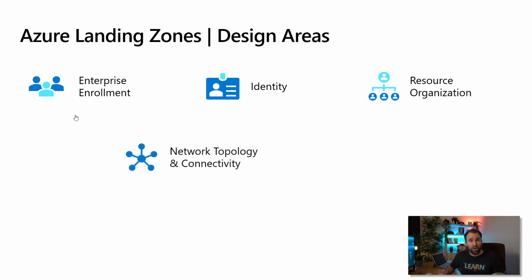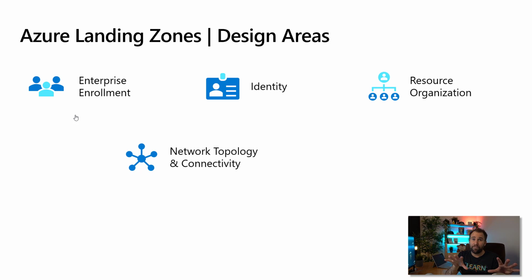And then, very importantly, which needs to be a big part of that as well, is the combination of network topology and connectivity. So how do I set this up? Am I living in a cloud-only world where I only need to be careful about how to secure public endpoints? Or do I live in a hybrid world where I need hybrid connectivity like site-to-site VPN or ExpressRoute, for example, and how do I combine that?